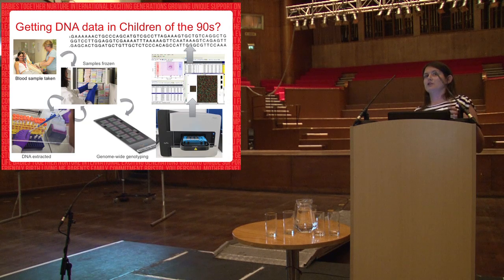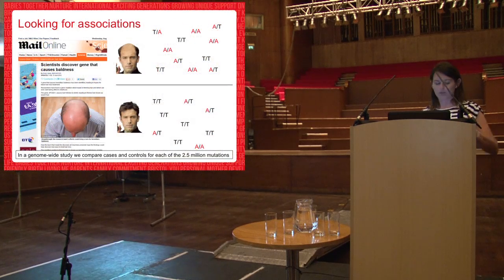So once we had the genetic data from the participants of Children of the 90s, what do we do with it? Well, to take you back to the headline that I showed you on the first slide, where the headline said, "Scientists discover the gene that causes baldness." How was that actually found? What did those scientists do? Well, here's my little diagram to help you understand this.